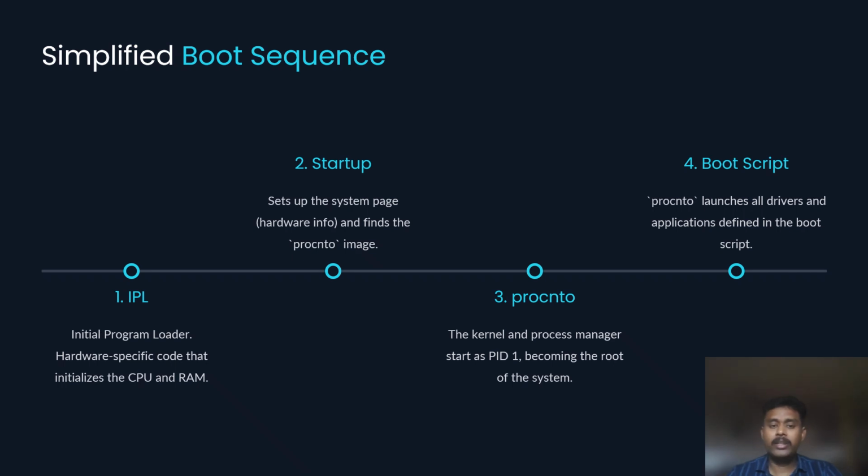In this stage it sets up the system page and finds the PROCNTO image. In PROCNTO, the kernel and the process manager start as PID 1. PID stands for process ID. We name it by giving a number, process ID 1. That is going to act as the root of the total system.